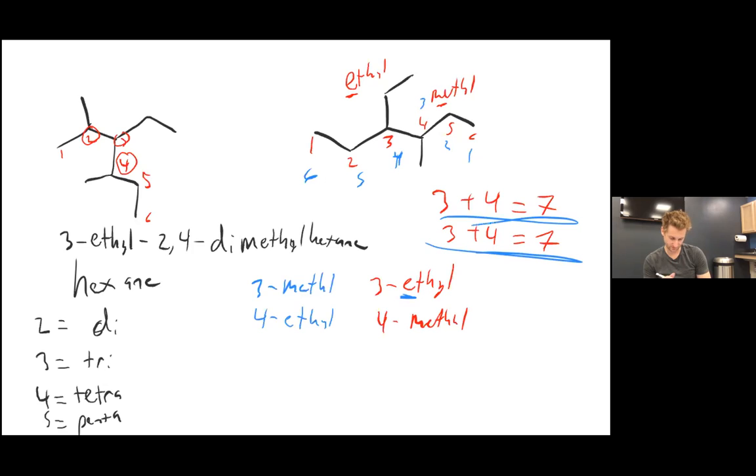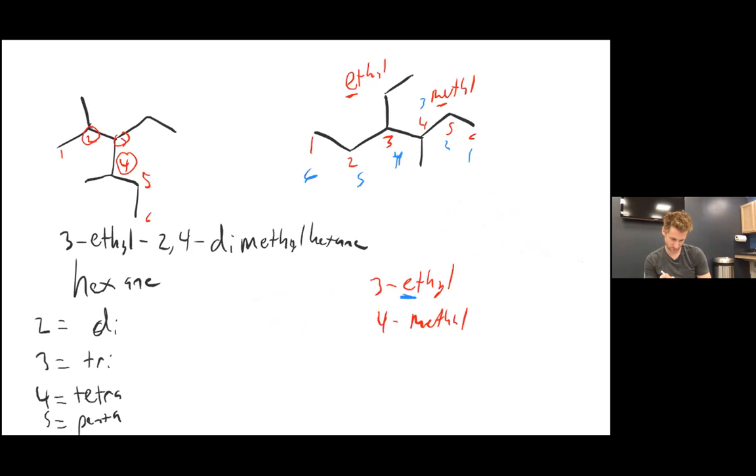Okay, so we're going with the red path. Get rid of some of this. We have 6 carbons.